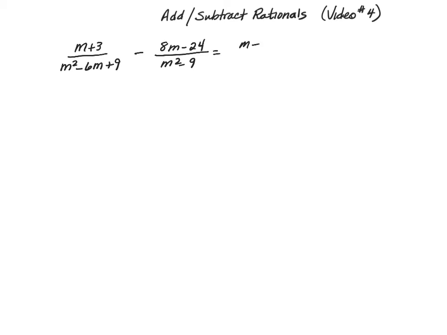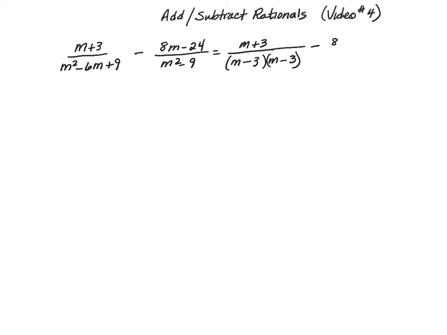So I'm going to begin. Of course, my first numerator will stay the same, but the denominator can be factored. It will factor into m minus 3, m minus 3. The second fraction has a common factor of 8 in the numerator.